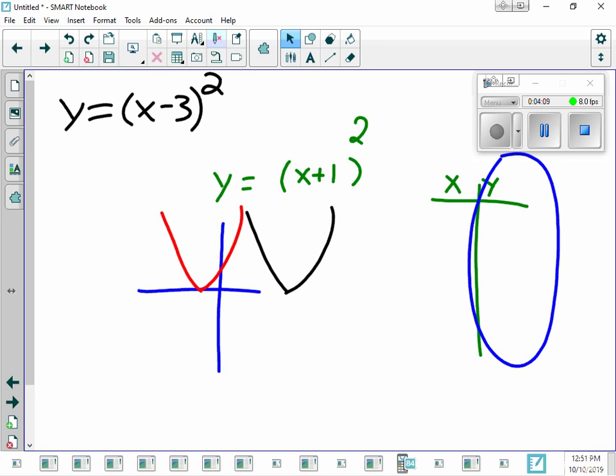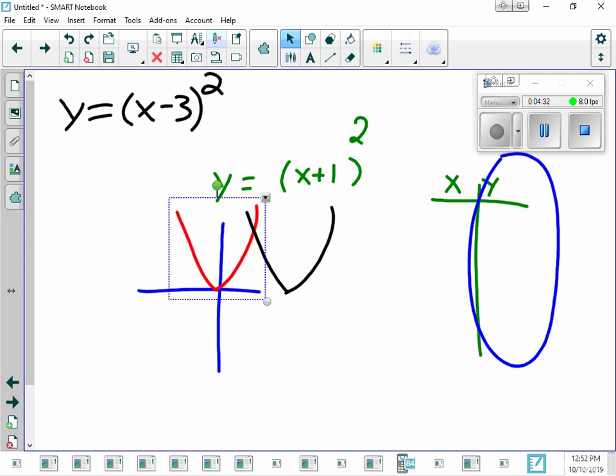So the reason is that change happens before the squared happens. So let's think about it. What number can I add 1 to and square it and get 0? What number plus 1 squared is 0? Negative 1. So my normal graph, this is called the vertex. That is at 0, 0.